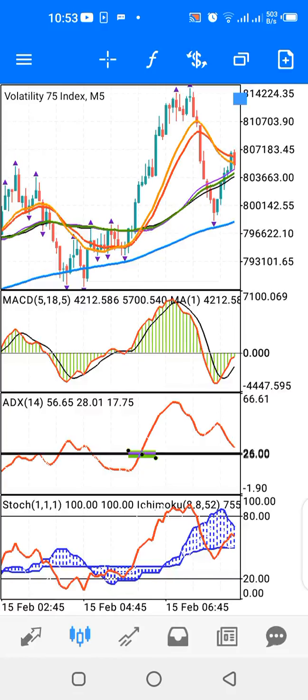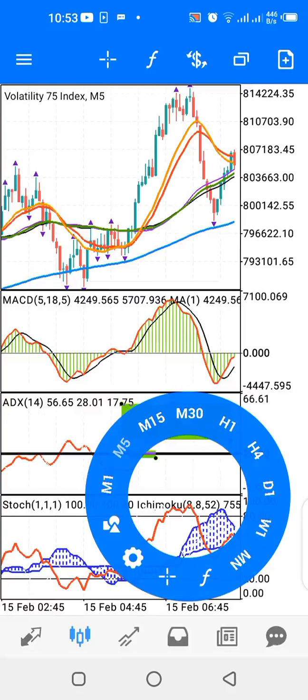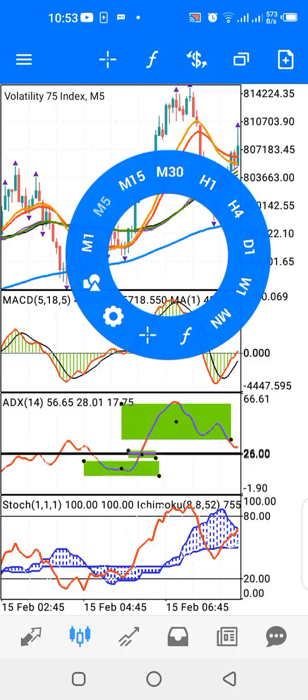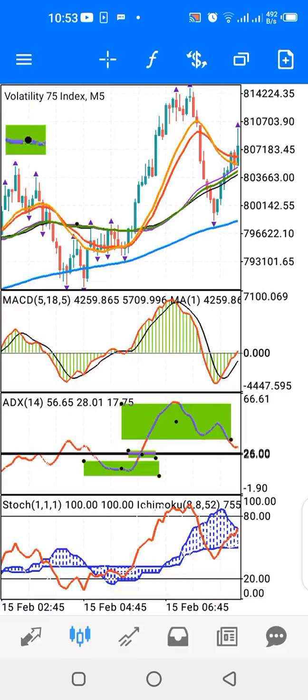When the red line crosses above into this region, you can place your trade. But when it is in this region, expect consolidation, stay out. When it is below, stay out. Like you can see the consolidation that happened just above it. Look at this area, consolidation range. So that's why you stay out.